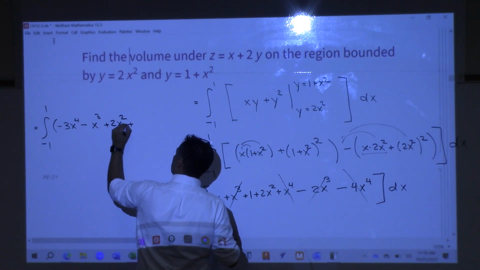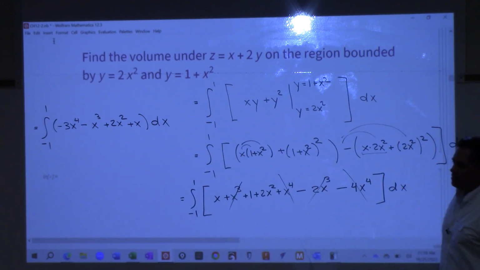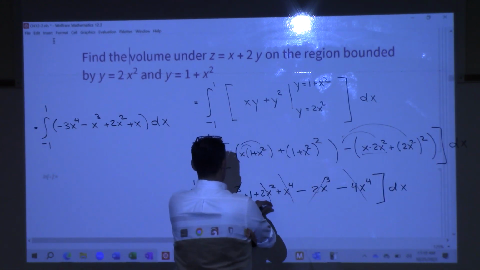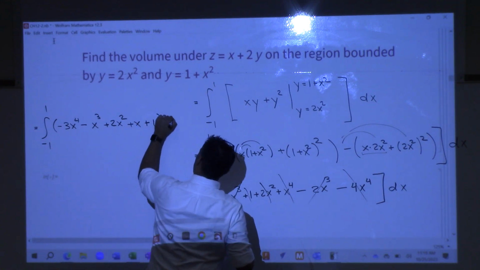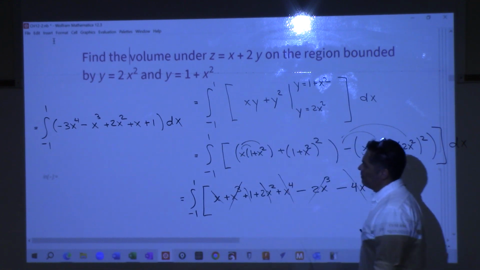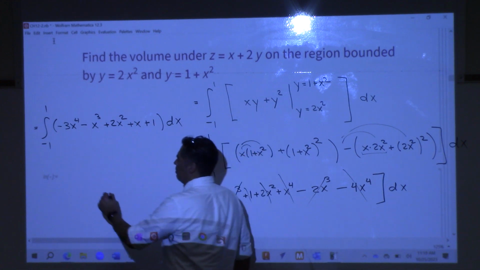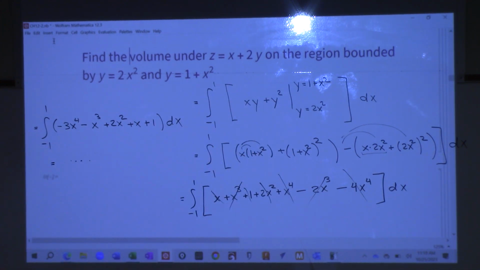And then I have plus x, and then dx. Finally, I've gotten it to this. Now I'm back in Calc 2, doing a polynomial. Yes? Oh, was there a 1? Oh, yeah, I missed the plus 1. Okay, I got the 2x. There we go. You know what to do with that? Yes, okay. So we get to this point where we know what to do. So that's the idea. Not too bad.